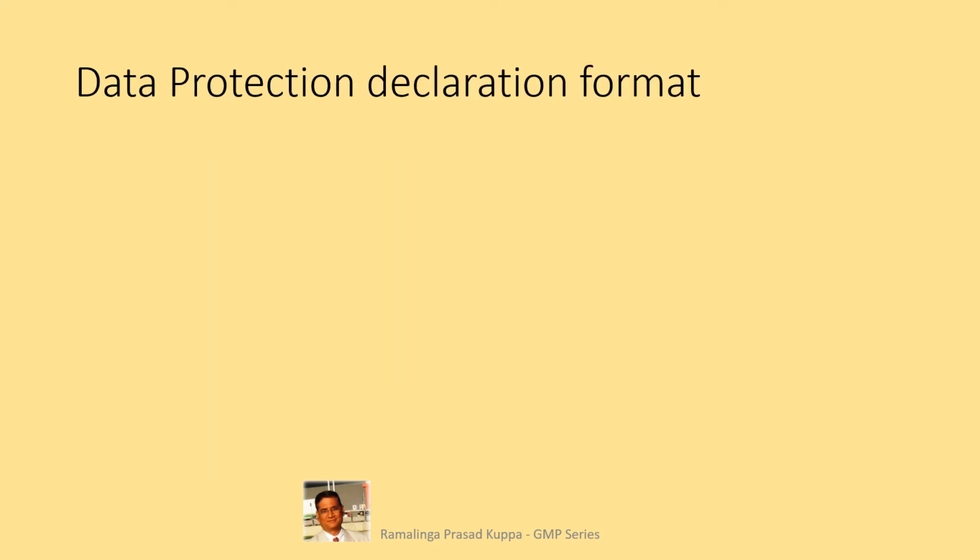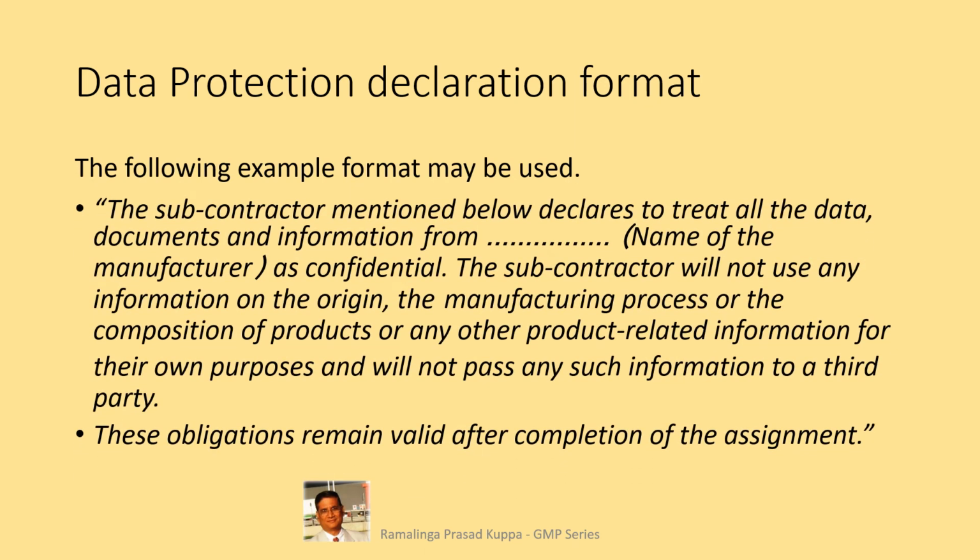Let us see how the data protection declaration is done. The following example format may be used. The subcontractor mentioned below declares to treat all the data, documents and information from, you have to write the name of the manufacturer here, as confidential.